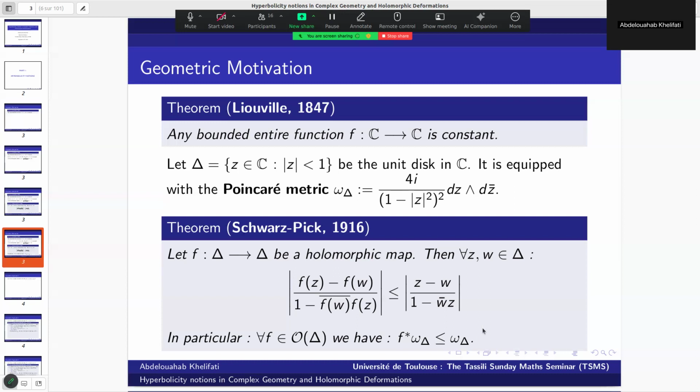Maybe the first one who introduced a hyperbolicity notion in the complex setting was Kobayashi, by using this theorem and trying to generalize it to any complex space.